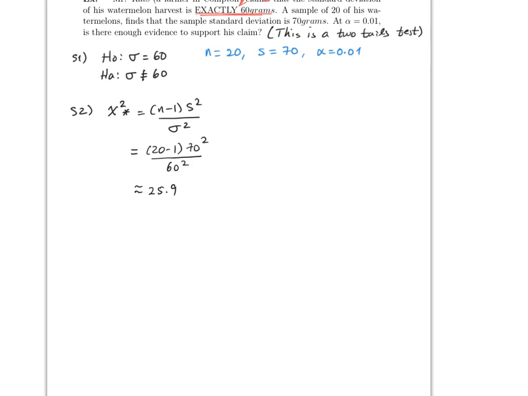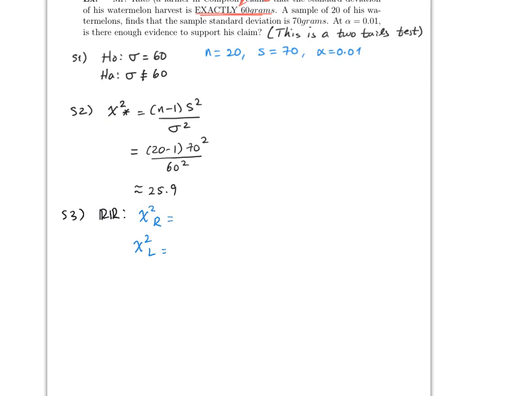All right, then in step 3, we define the rejection region. However, this time, since this is 2 tails, we need to figure out what chi square right is, and also what chi square left is.